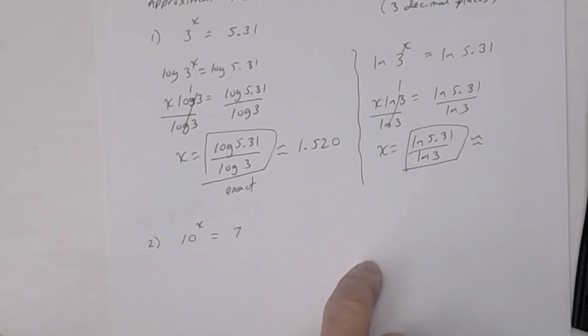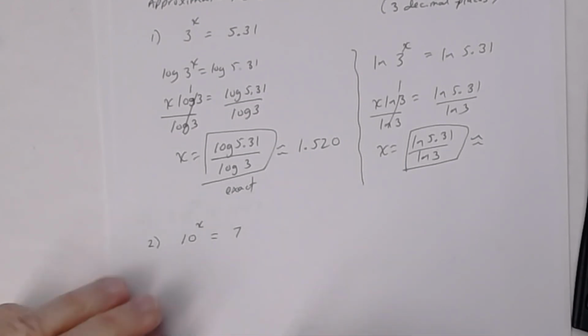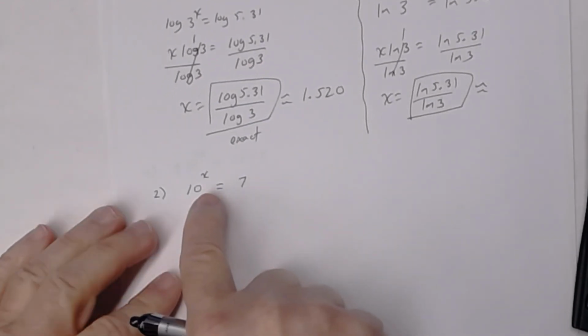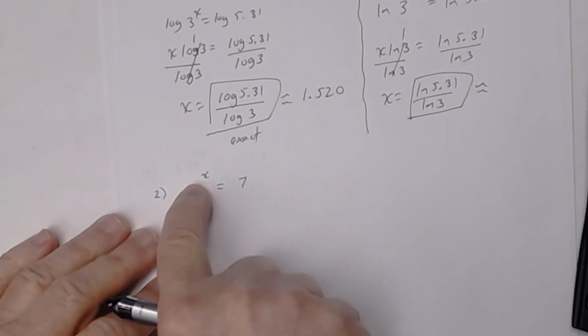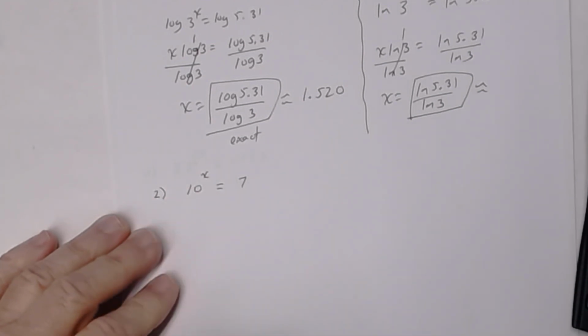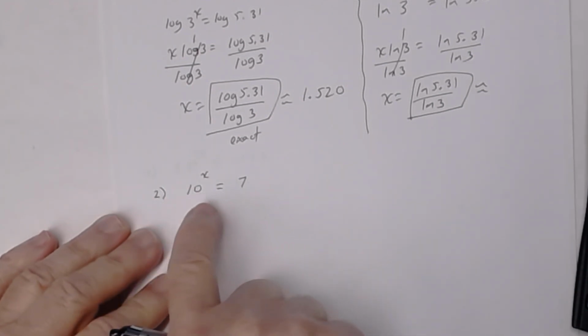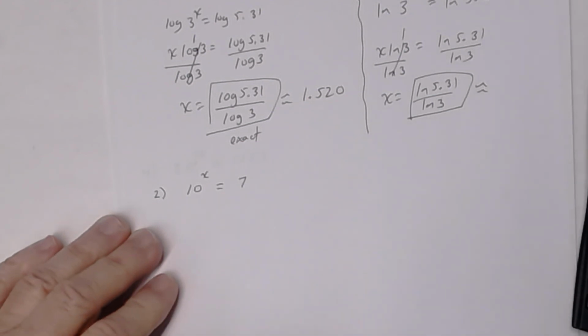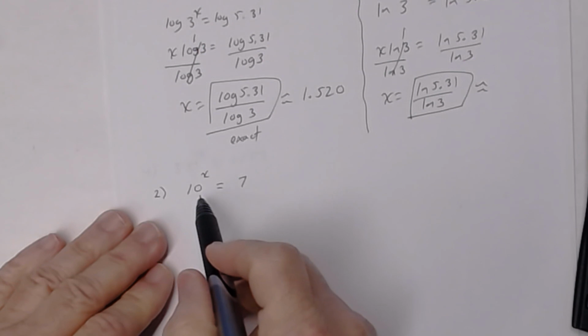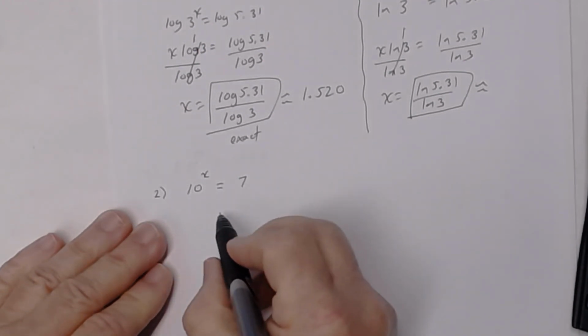It does not matter. And we'll do it both ways in this particular case, but you're going to see it's so much more efficient if you see a base 10, that you use a common logarithm. If you see a base e, that you use a natural logarithm. Okay? All right, so I see a base 10 here.